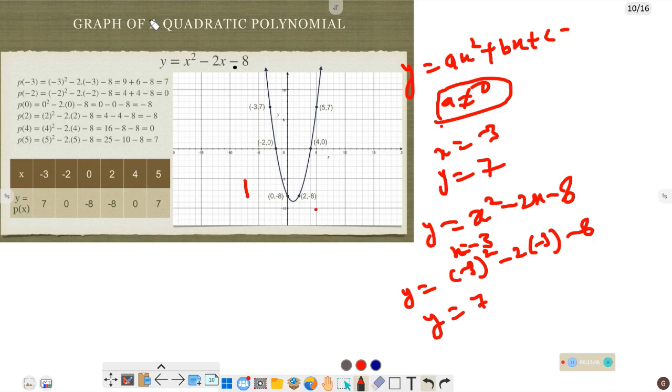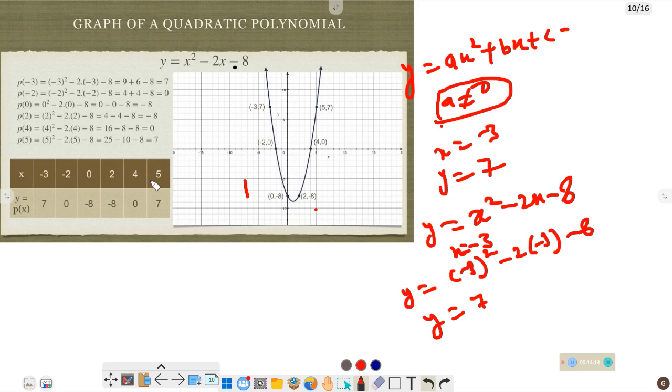Further we put values of x and get values of y. We put x equal to minus 2 and get y equal to 0. We put x equal to 0 and get y equal to minus 8. We put x equal to 2, y equal to minus 8, and x equal to 4, y equal to 0.